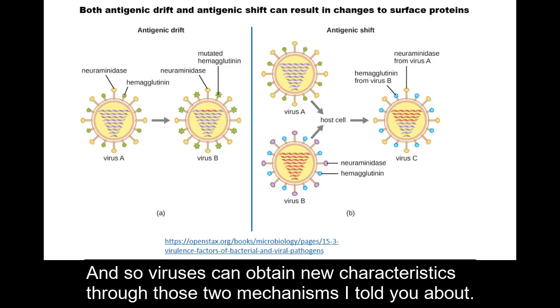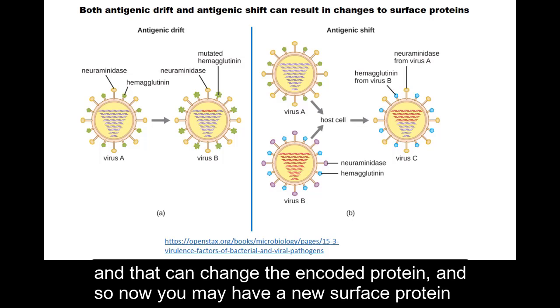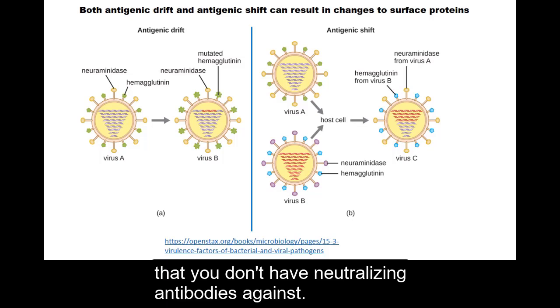And so viruses can obtain new characteristics through those two mechanisms I told you about: antigenic drift, where during replication the polymerase makes some errors and that can change the encoded protein, and so now you may have a new surface protein that you don't have neutralizing antibodies against.